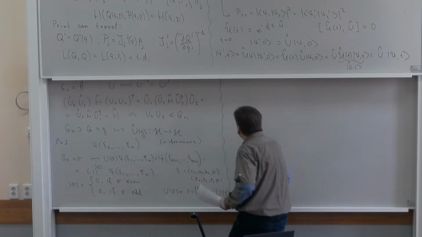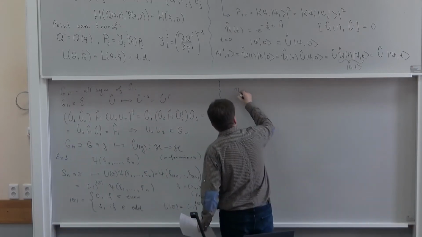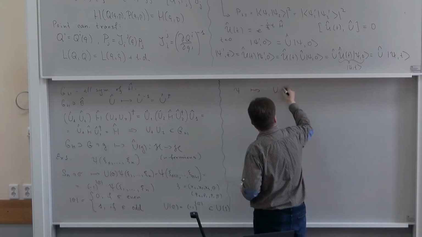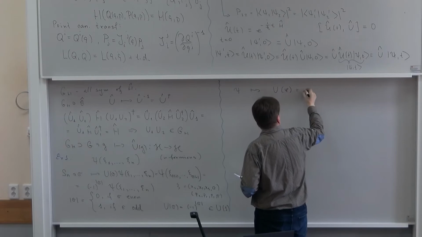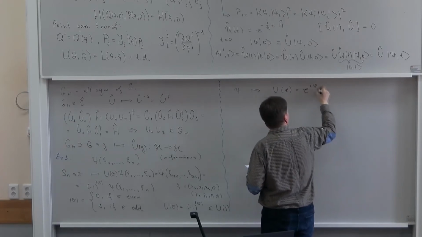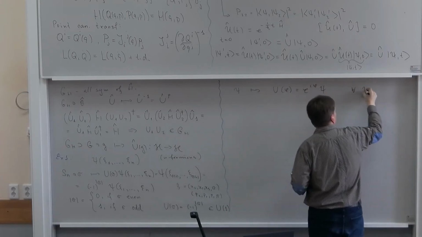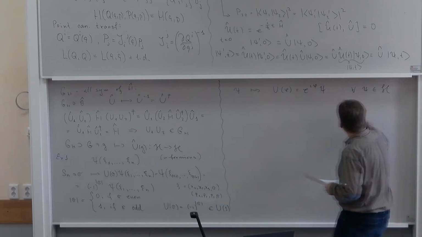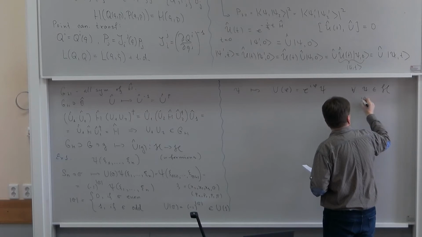So we can multiply each state psi by a phase factor e to the i phi, where phi is an angle variable.